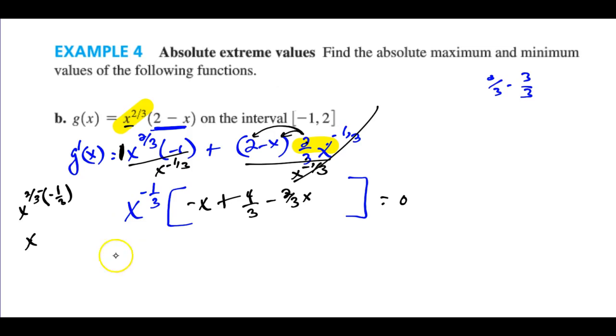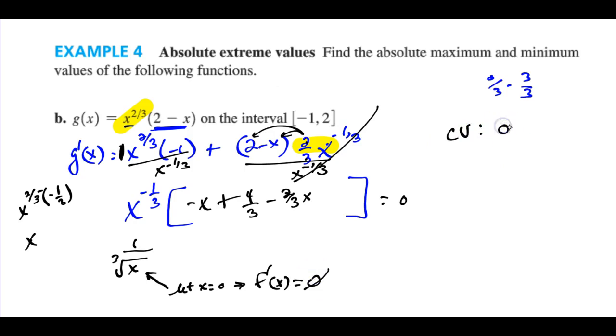So I think this is your first example where you're actually creating an undefined value. You can see right here, if you let x equal 0, then the first derivative is undefined, and that's a critical value. So I think I found one critical value at 0.